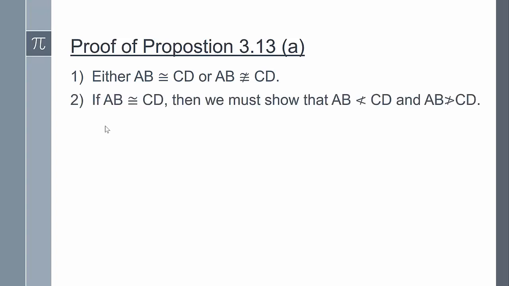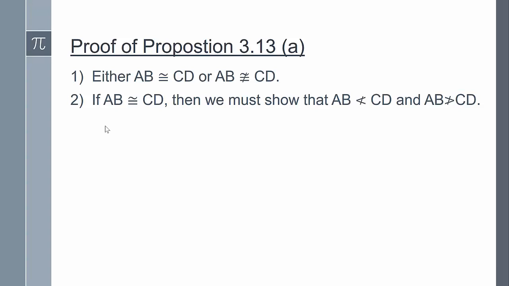So I'm going to present the proof of proposition 3.13 part A only. So we know that either segment AB is congruent to segment CD or they're not congruent. Well, if AB is congruent to CD, then we must show that neither of the other two cases can occur.